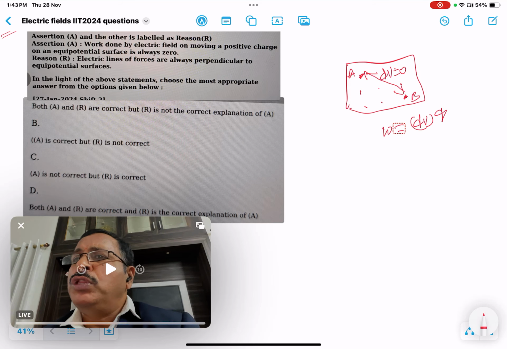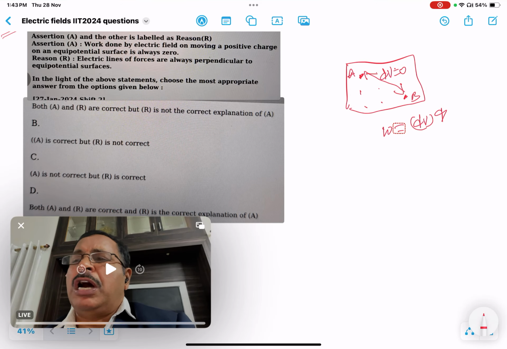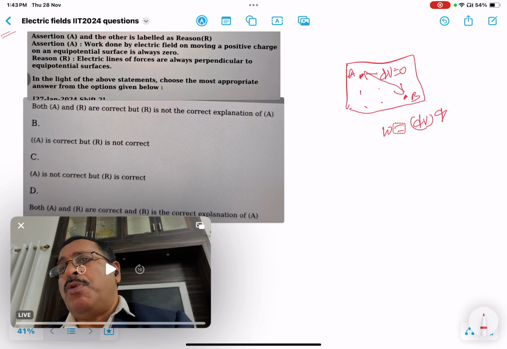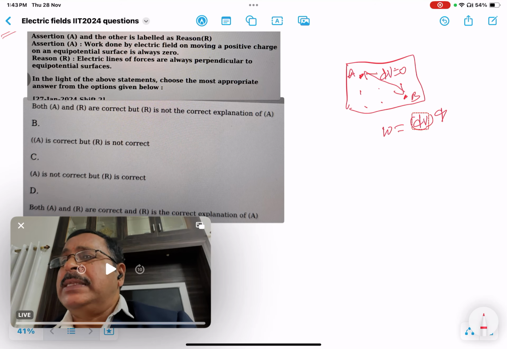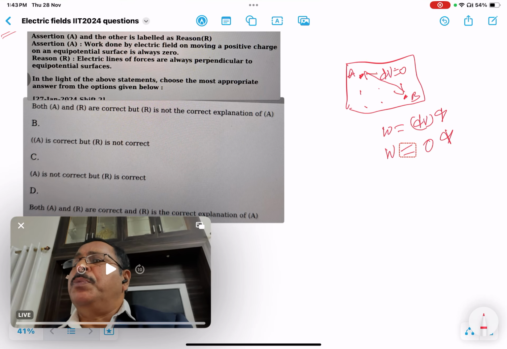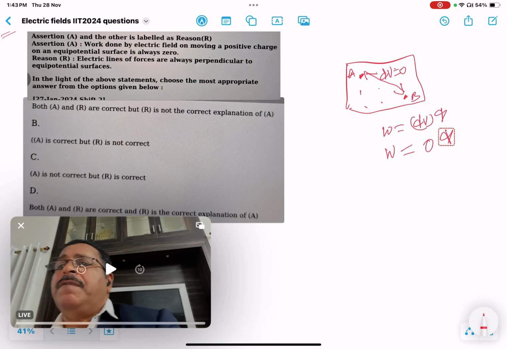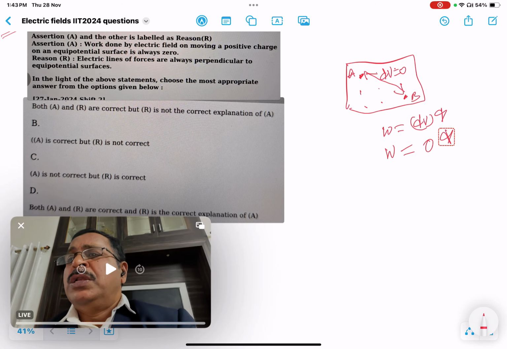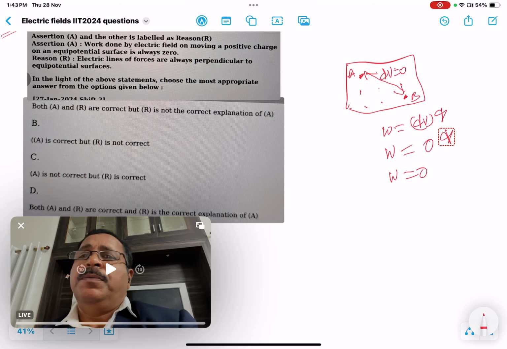If you want to move a unit positive charge from one point to another, the work done is W equals dV into Q. Here dV is 0, so W equals 0.